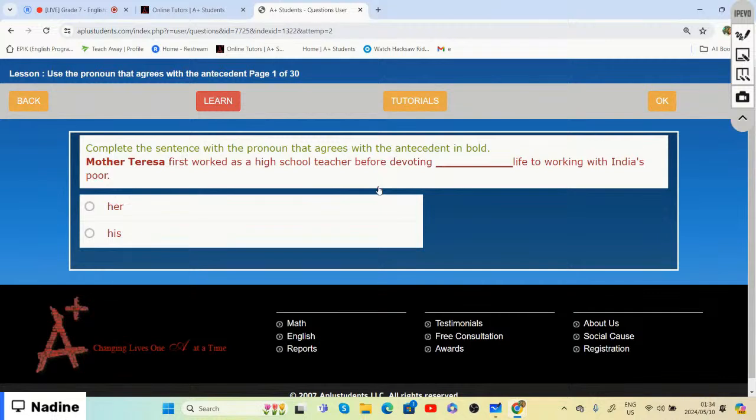Mother Teresa first worked as a high school teacher before devoting, do we say devoting her life to working with India's poor, or before devoting his life to working with India's poor? So, Mother Teresa, what is the pronoun that refers to or agrees with Mother Teresa? Is it her or is it his?